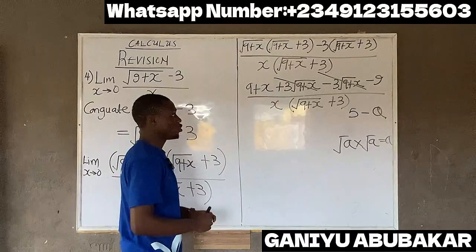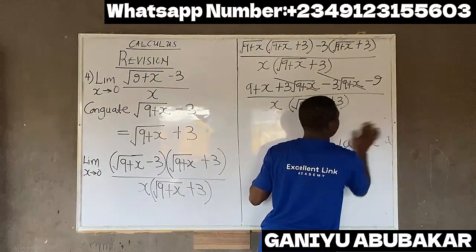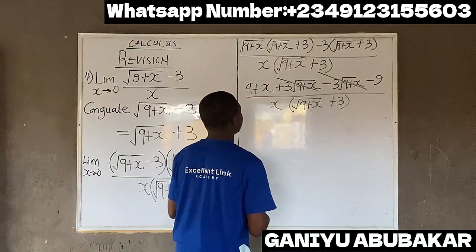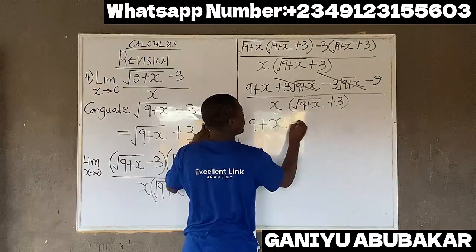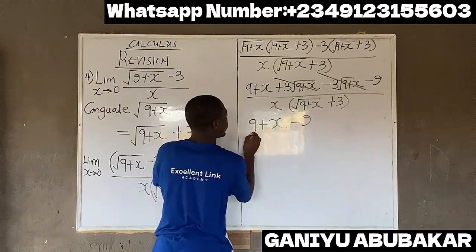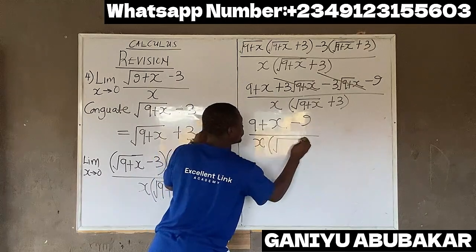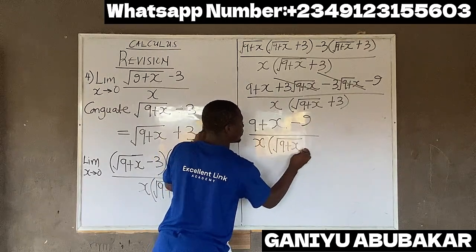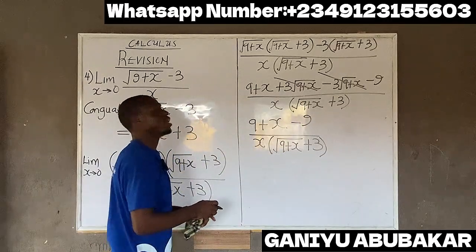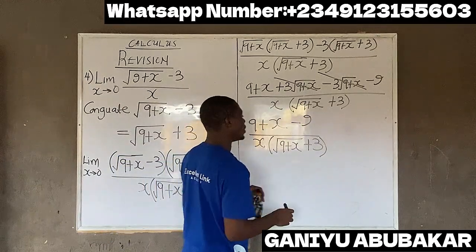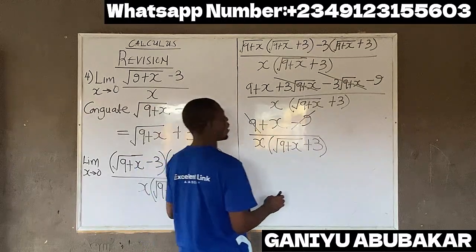So what I have left here, if I proceed further, is 9 plus x, then minus 9, all over x into root 9 plus x, then plus 3. If you observe here, plus 9 and minus 9 gives you 0. So plus 9 will cancel minus 9. Thereby, what do I have left?